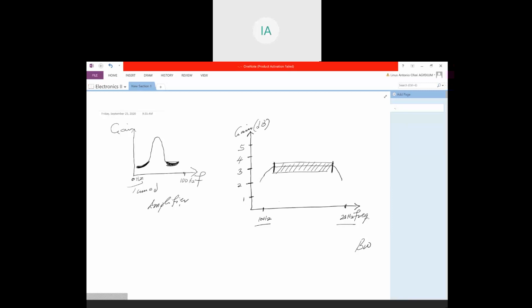So here, the 3 dB is the gain of the amplifier, or the level. When we talk about gain, I hope you understand what gain means.